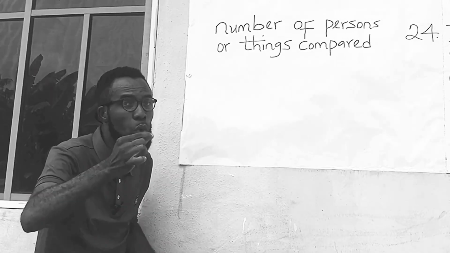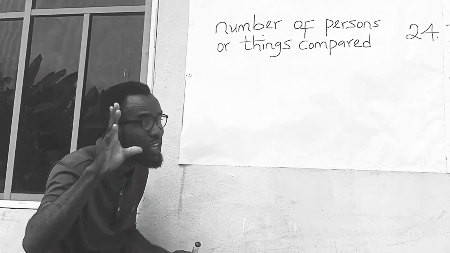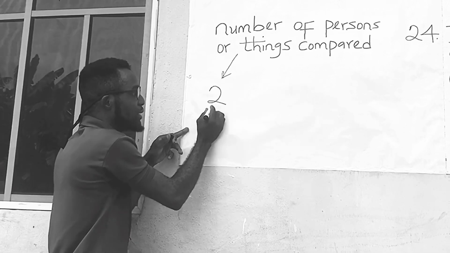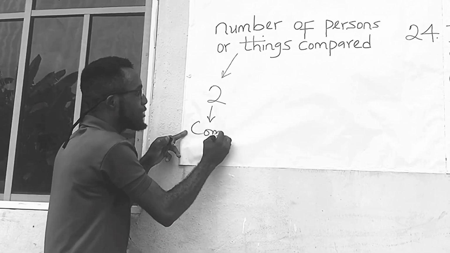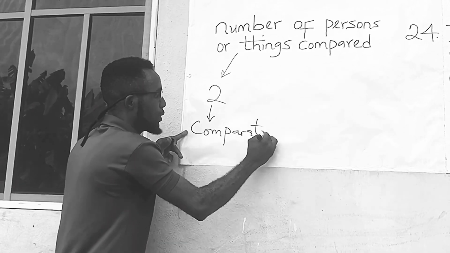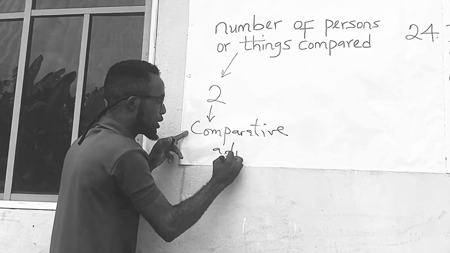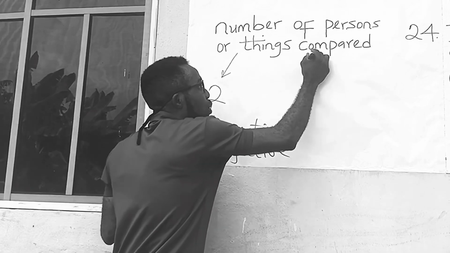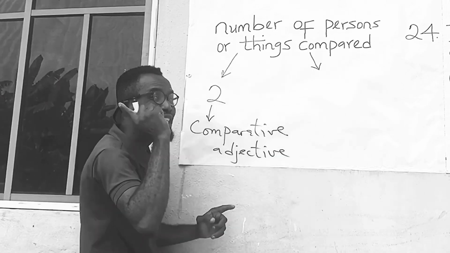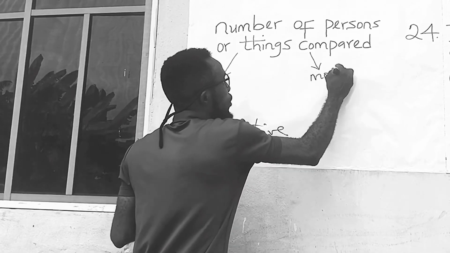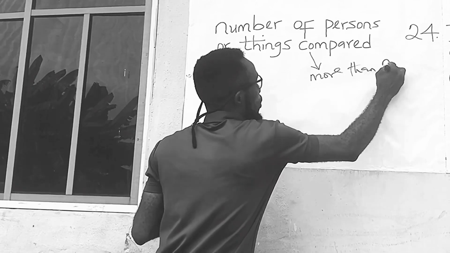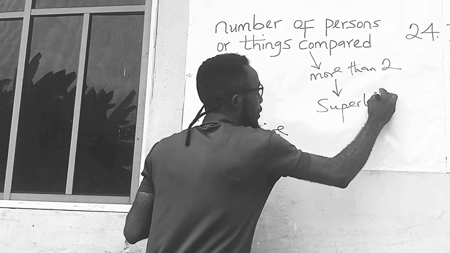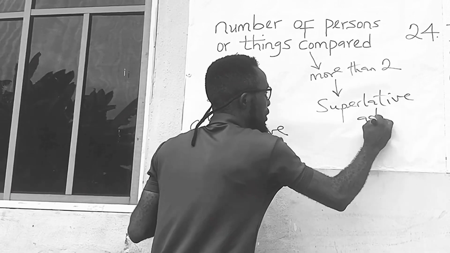If the number of persons or things compared in the question is exactly 2, then you are to choose a comparative adjective. But if the number of persons or things compared in the question is more than 2, then you are to choose a superlative adjective.